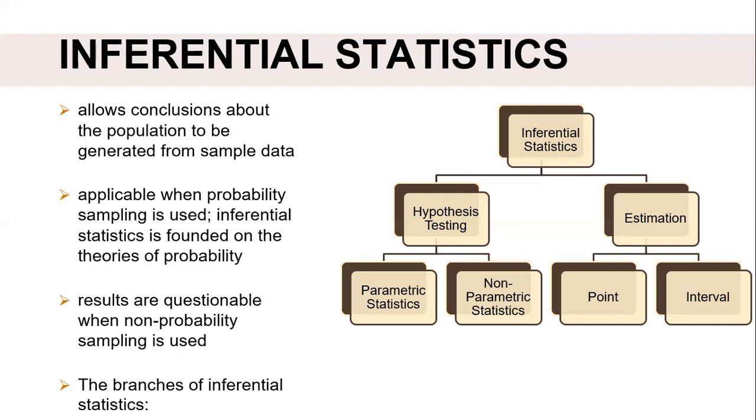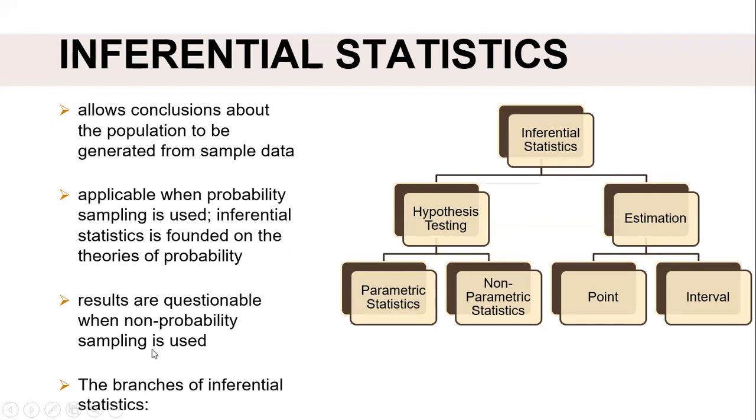And we have your multi-stage sampling. That's why it's really applicable when probability sampling is used. Inferential statistics is founded on the theories of probability. Results are questionable when non-probability sampling is used.